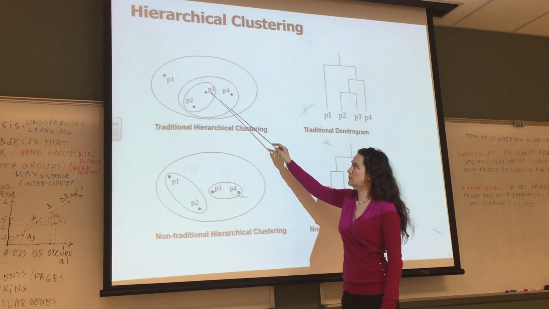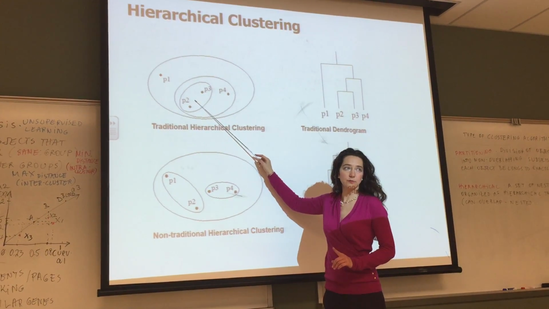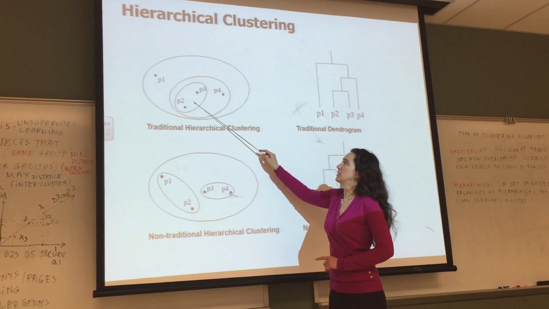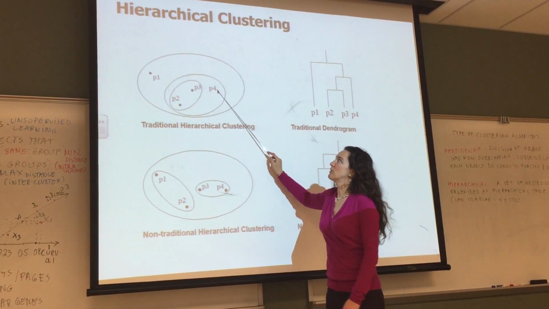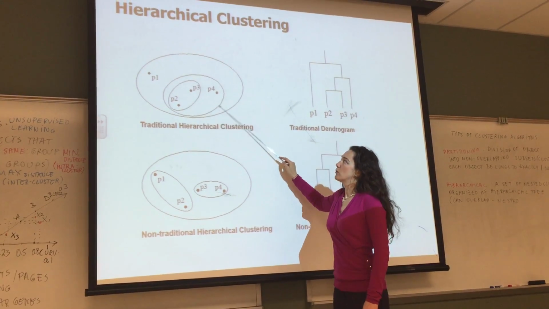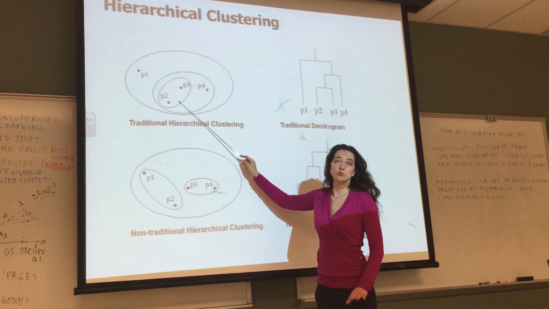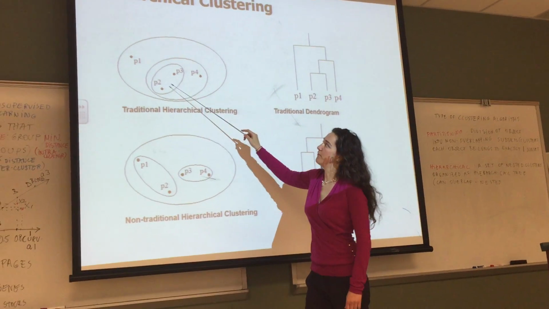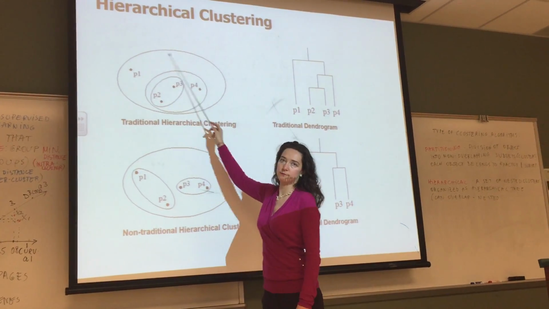Next, these points together are considered as one cluster. And we need to calculate the distance from that newly formed cluster to the rest of the points, and whichever one is closest to it, you merge them. So now these three are merged into one cluster. And finally, the last one will be merged, and now they're all merged.